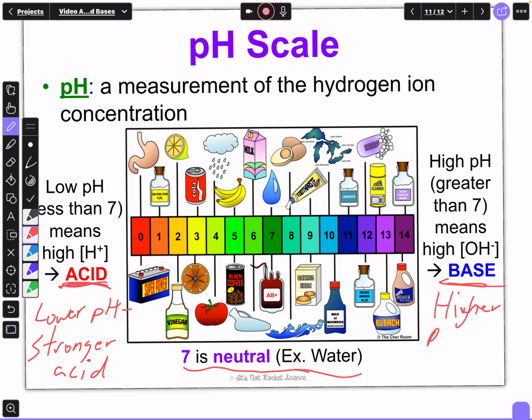So if you notice, sodium hydroxide would have a pH of 14. It would be a stronger base than toothpaste, which has a pH of 9. So as you get closer to 0, the stronger the acid. Closer to 14, though, the stronger the base.